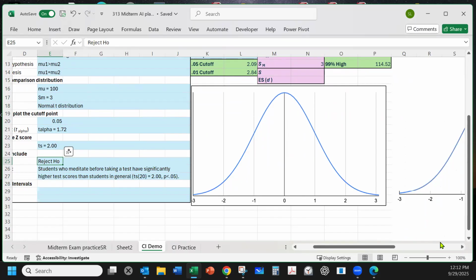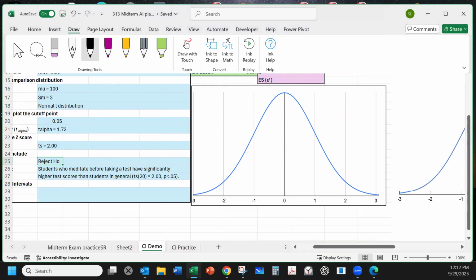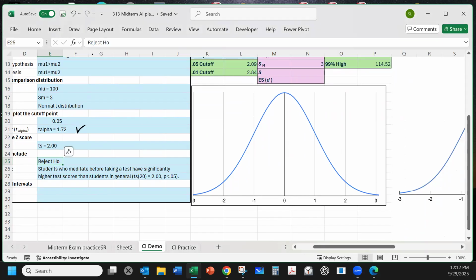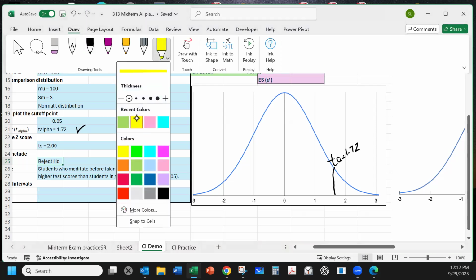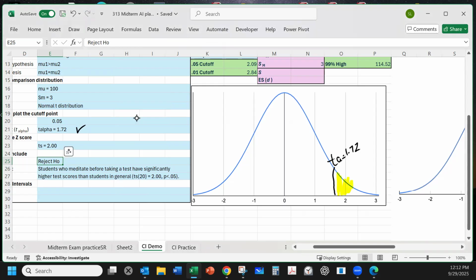So first of all, let's make sure I have my black pen here. First of all, this is what we typically do. We find our cutoff point, 1.72, place it. We write t alpha equals 1.72. We shade the tail of the distribution, indicating that this is our reject region.